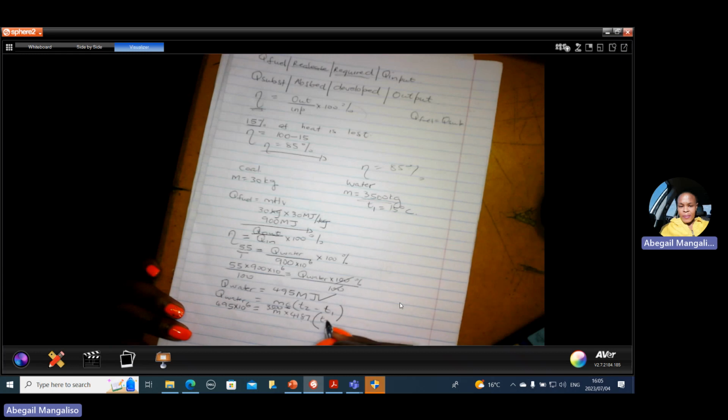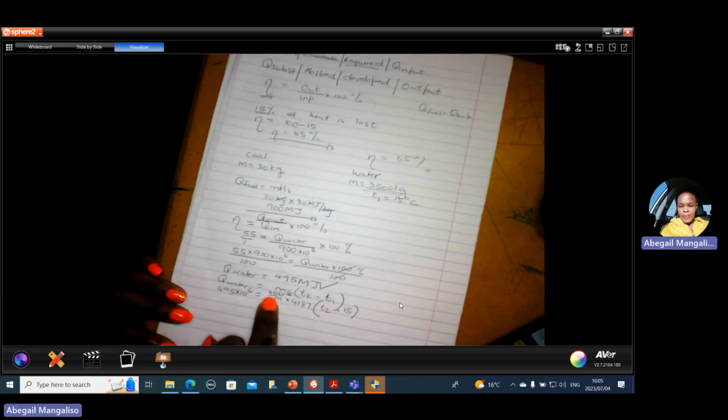So T2 is the unknown, minus T1 which is 15. Now we can multiply what is outside the bracket and bring this one, 495 times 10 to the power 6, equal to 3,500 multiplied by 4187. This is 14,654,500 into T2 minus 15.